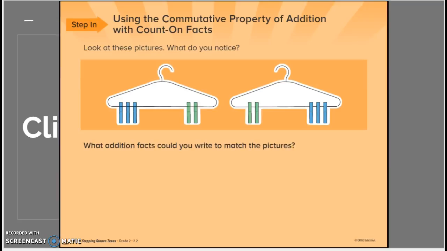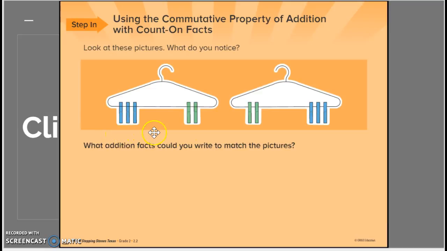If you had to write an addition equation for both pictures, how would that look? Please write underneath each hanger what the matching addition sentence or addition equation would look like for the parts of the clothespins in blue and the parts of the clothespins that are green.